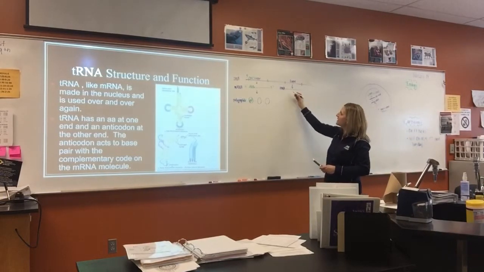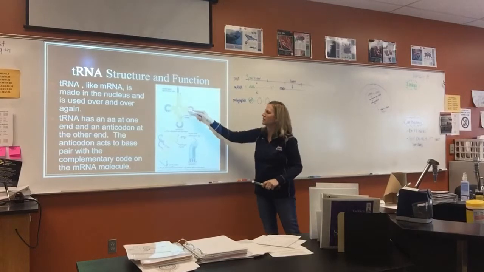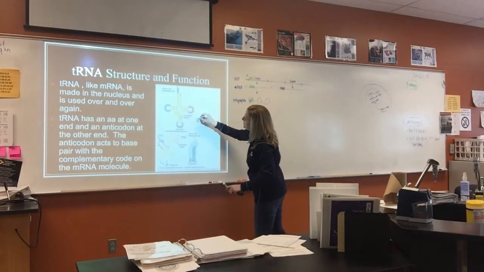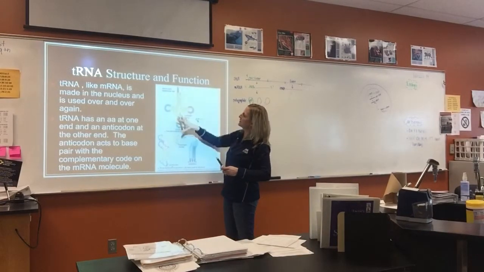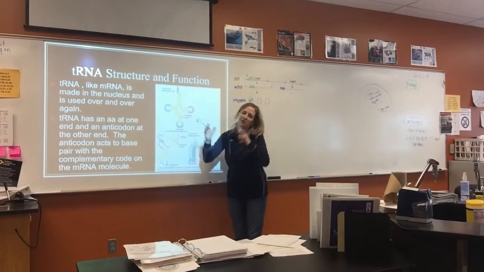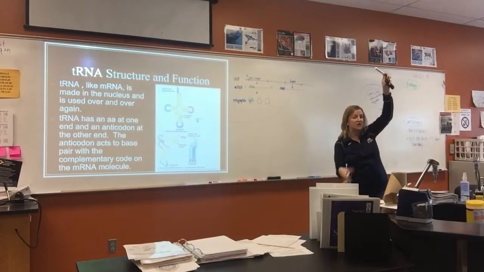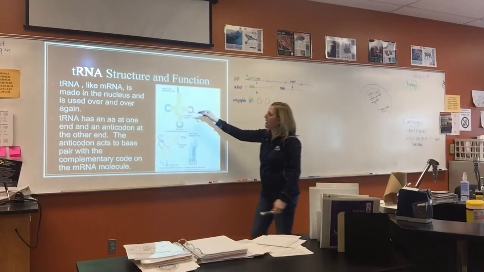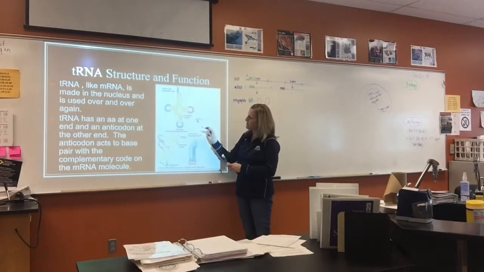Now tRNA is a chain of RNA nucleotides like mRNA, and what they do is they fold on themselves and get a three-dimensional shape. So when I say that this line here is going to be this tRNA molecule, it folds on itself. Two-dimensionally, it kind of looks like a clover shape. RNA is single-stranded, so it has A's, U's, C's, and G's that aren't bonded to anything. When they fold on themselves, A's can bond with U's and C's bond with G's, and so you have this three-dimensional shape.